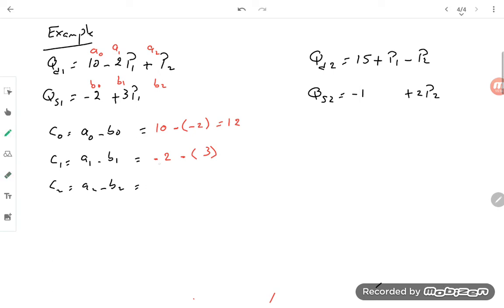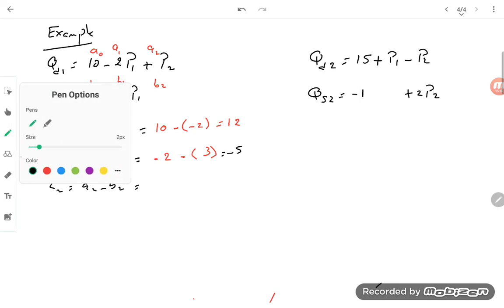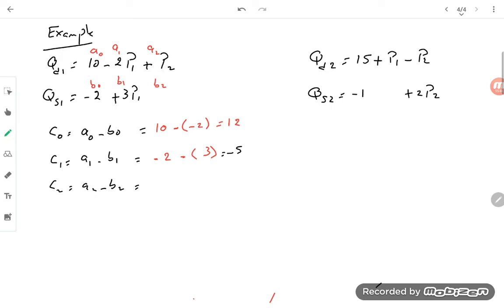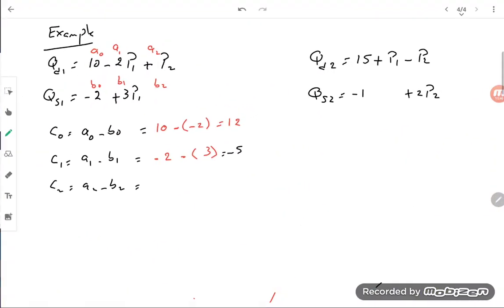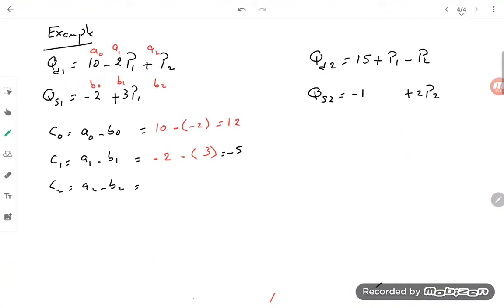So the value negative 2 minus 3 is negative 5. With respect to C2, it will be A2, which is 1, minus B2, which is 0. So it will be 1.